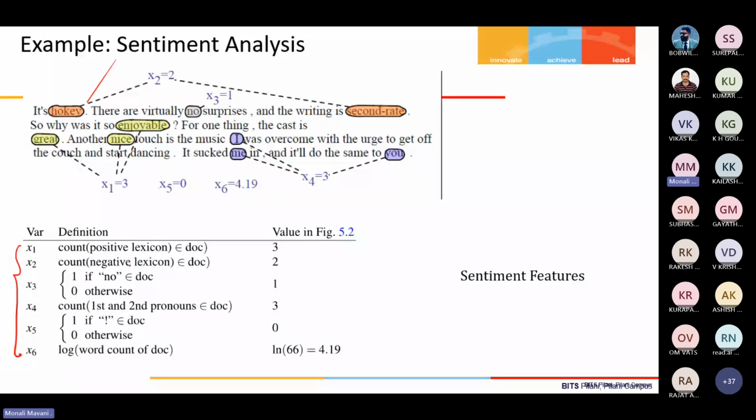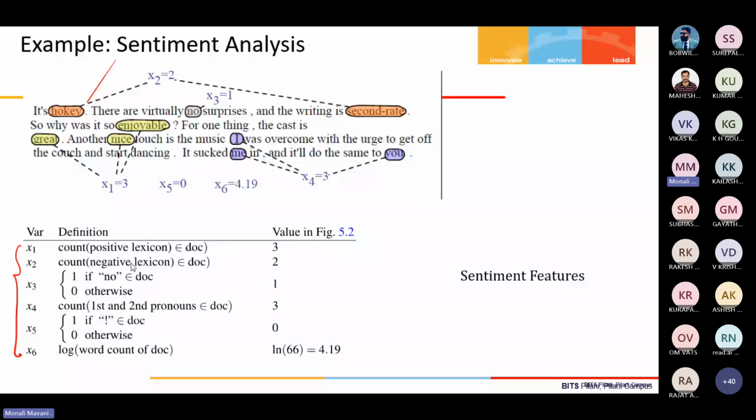Do not ask me why these 6 features were chosen, because they are randomly chosen. We are taking this as a toy example. Depending upon your logic and your linguistic understanding of the language, you can decide any of the features.